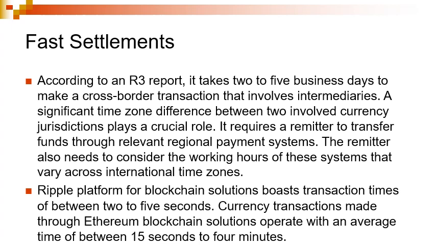So when we do such kind of payments in different time zones, we have to think about when the bank in the US is operational, so that also delays the transfer of funds. So significant time zone difference between two involved currency jurisdictions plays a crucial role.